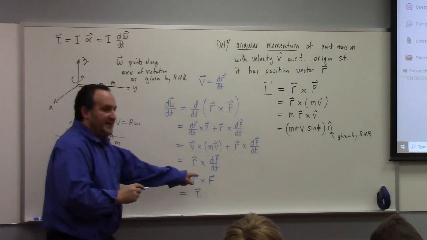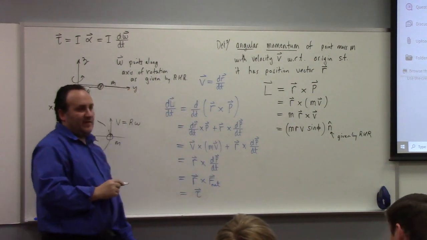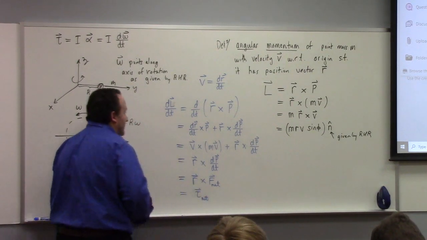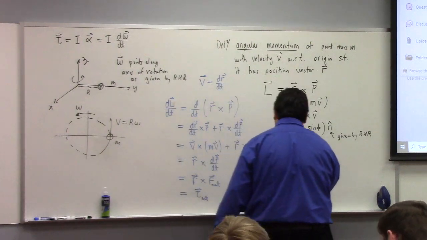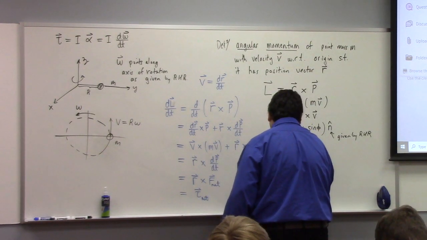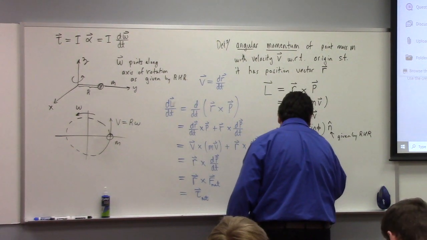Now this has to be the net force on the mass, and this likewise has to be the net torque on the mass. We have now found the proper vector analog of Newton's second law, namely that dL/dt is equal to the net torque as a vector.